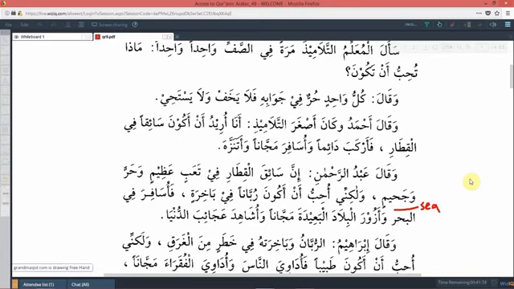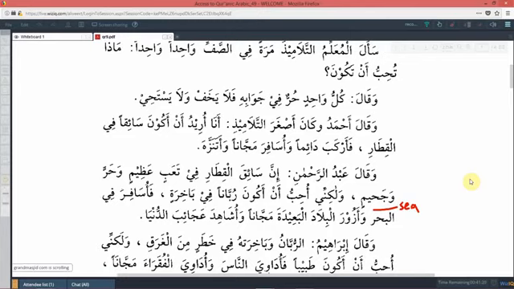Now I got a few words here that I'd like to bring. We have the word muhit, right, which is ocean. Muhit, right? And we have the word nahar, or nahrun, which is river.